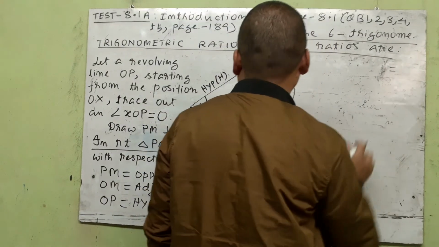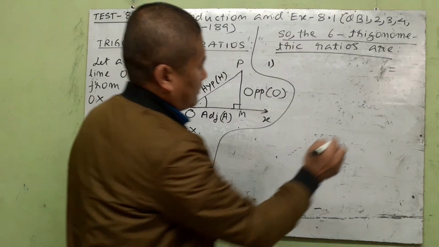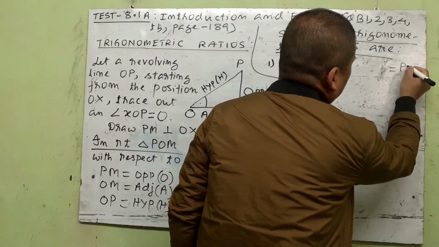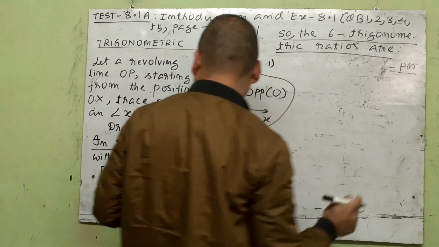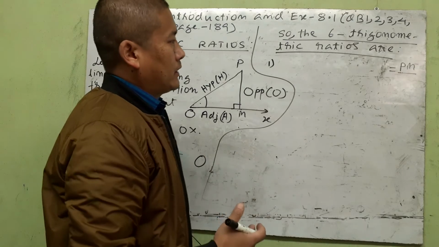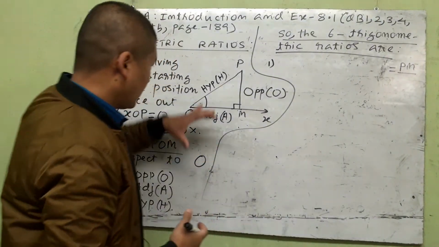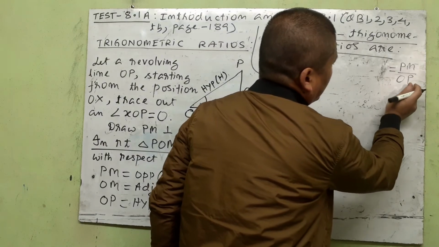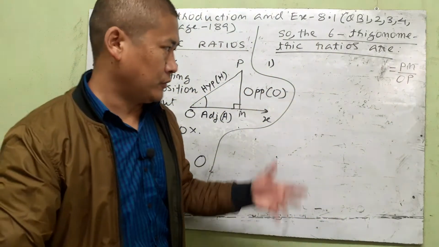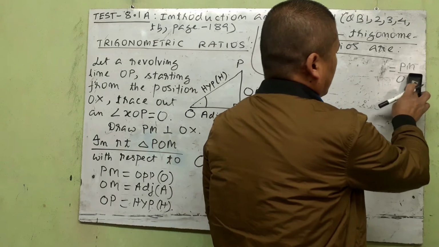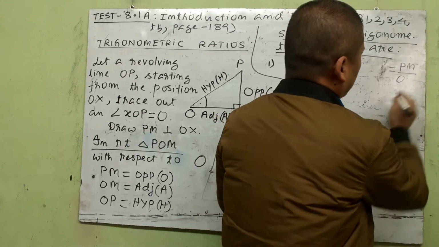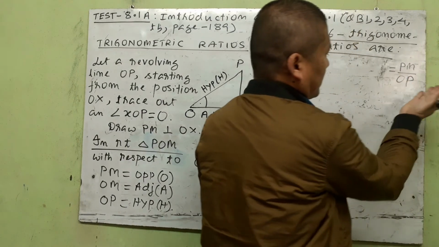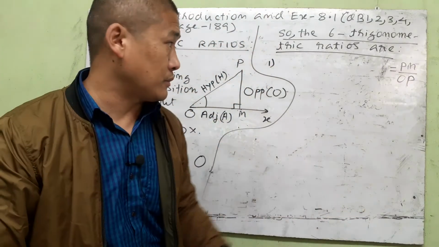Let me write here, this one, PM. So PM is nothing but the side of this right triangle. And let us divide it by OP. You can write OP or PO, but it is up to you. The order of writing is not a strict rule. You can do it the way you like it. OP, or some people may write it PO also. It means the same side.